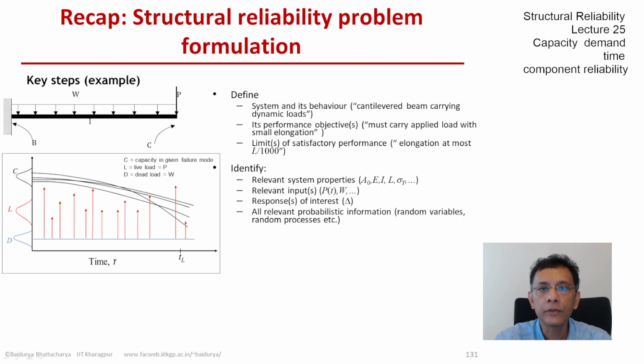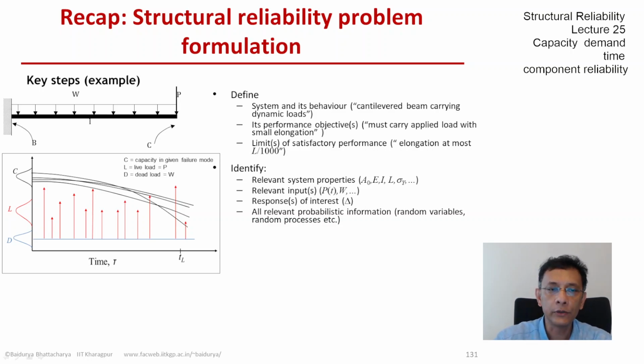Once we have defined our system completely, we need to know which parameters, which variables need to be considered, so that we are able to express through the physics and mechanics of the problem the required response in terms of the system properties and the inputs to the system.